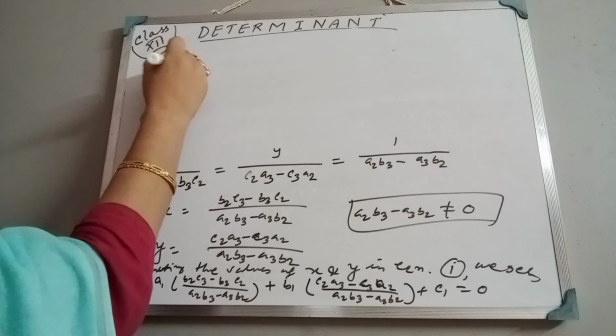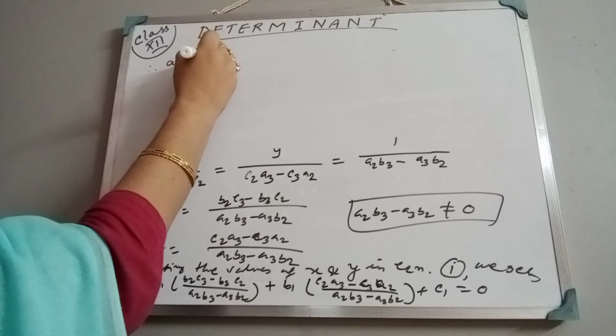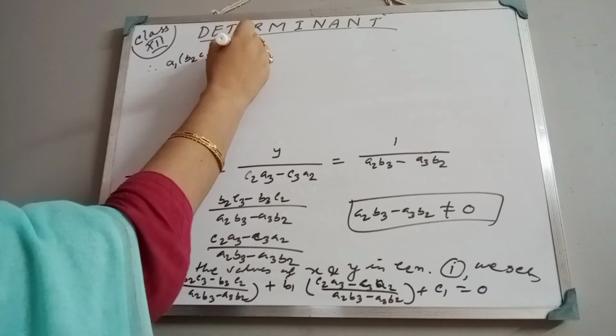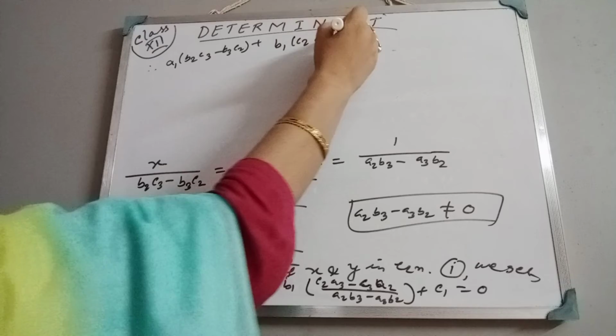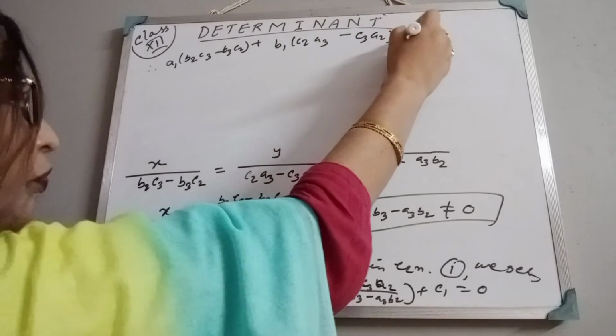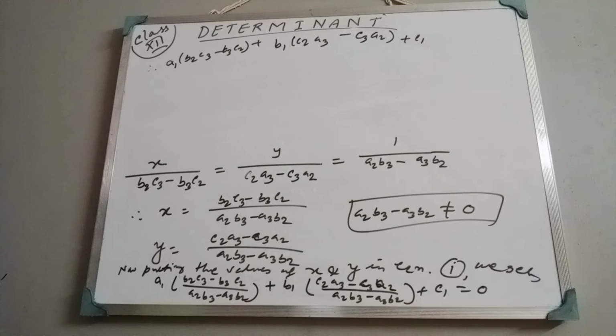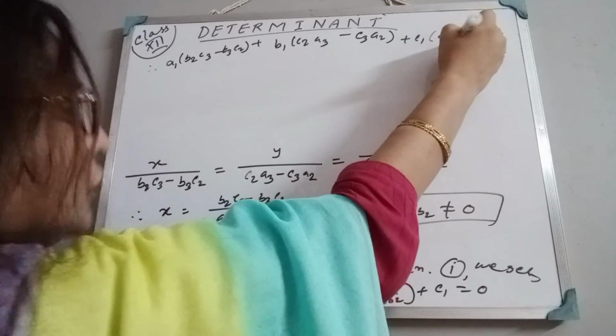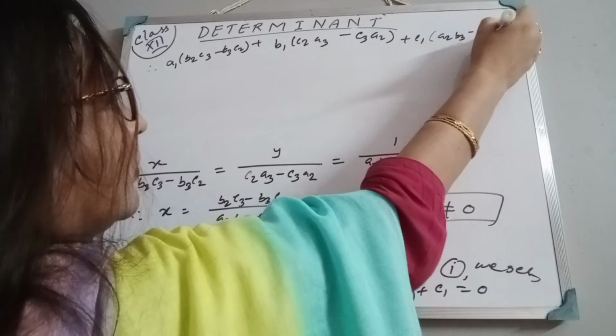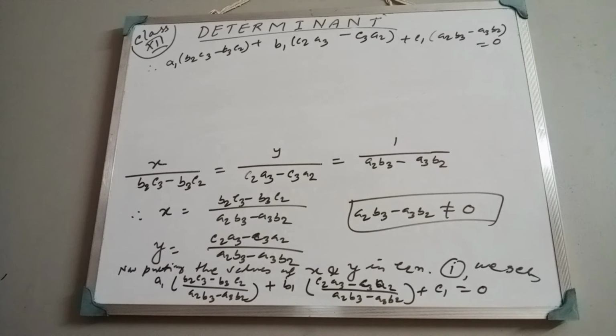Therefore we will get a1 into b2c3 minus b3c2, plus b1 into c2a3 minus c3a2, plus c1 into a2b3 minus a3b2 is equal to 0. This only we will get.